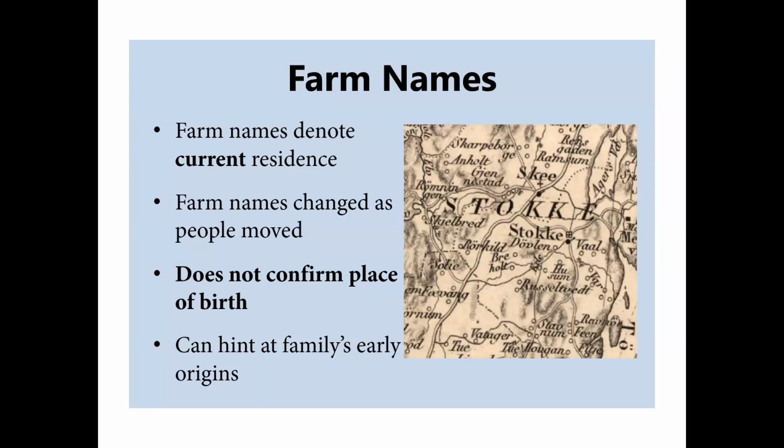With Finnish surnames, sometimes you can get a hint at a very early origin of a family with a farm name, but generally speaking this name is fluid. You will see that when you look at moving in and out records, the arrivals and departures that are part of Lutheran church records. We'll look at those a little bit later. But again, it's the current residence.